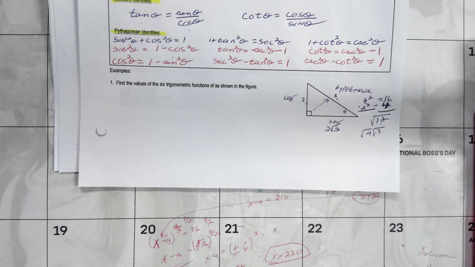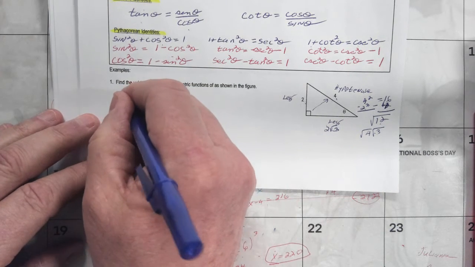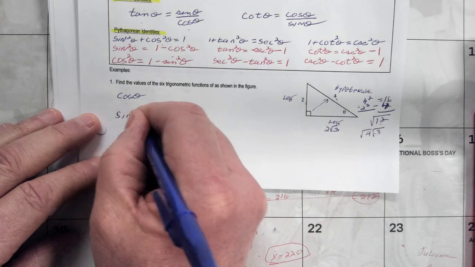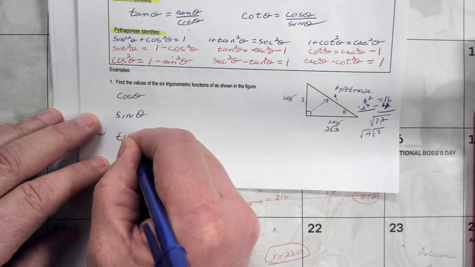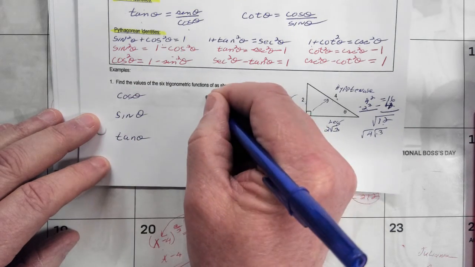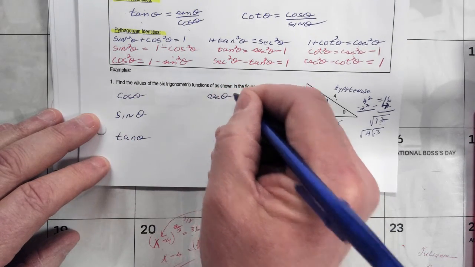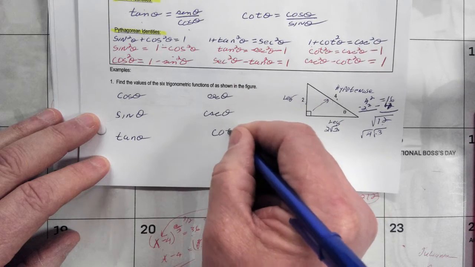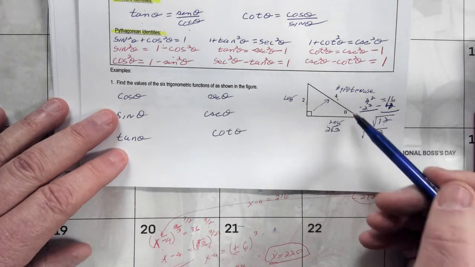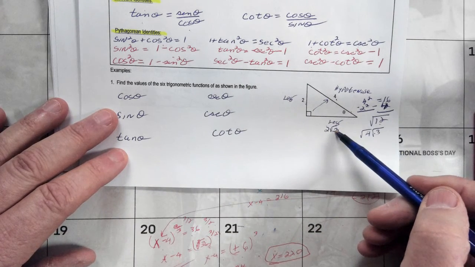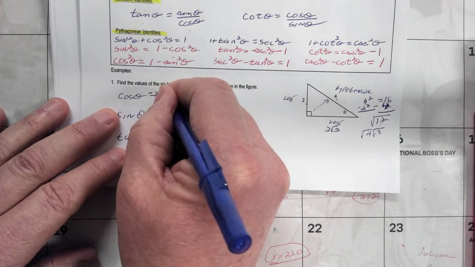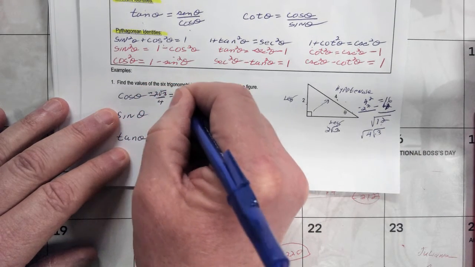So that's what I'm doing now. I'm going to do cosine, sine, tangent. Across from that I write secant, cosecant, cotangent. The cosine is adjacent. That's 2 root 3 over the hypotenuse 4, which is root 3 over 2.